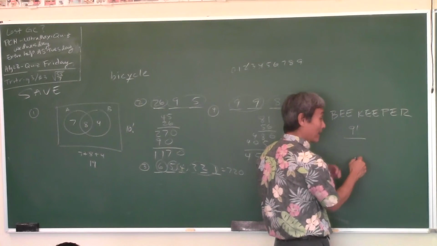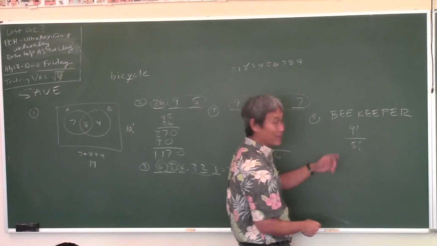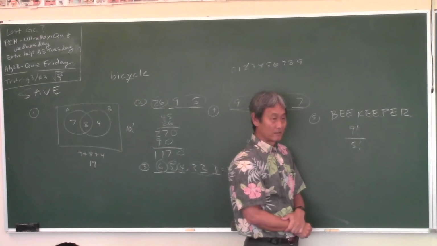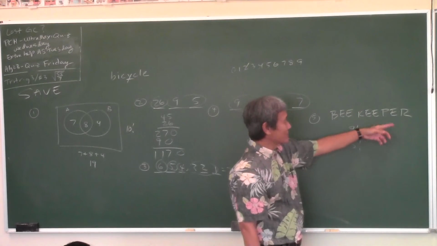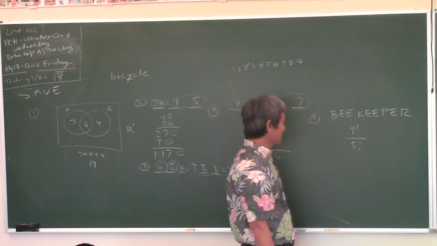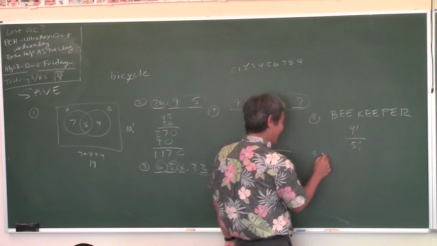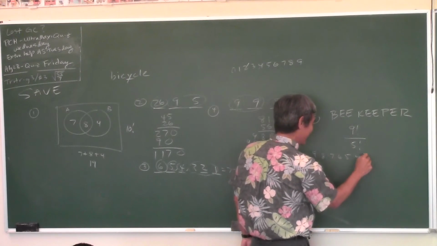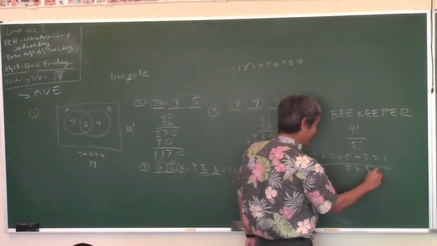You divide by 5 factorial. And then go 1b, so divide by 1 factorial. Yeah, you can, but 1 factorial is 1. You don't need to do that. And then there's no other repeated letters, so that's it. Okay, and then you got to compute it now. So what is 9 factorial? 9, 8, 7, 6, 5, 4, 3, 2, 1, divided by 5 factorial, 5, 4, 3, 2, 1.